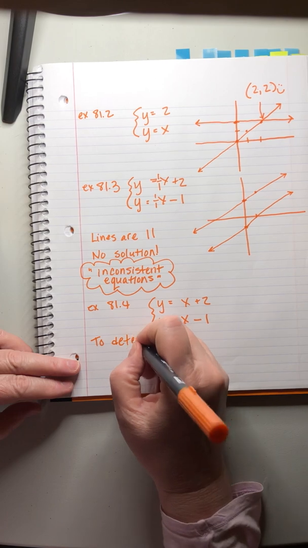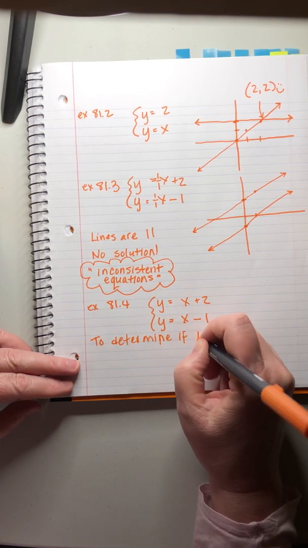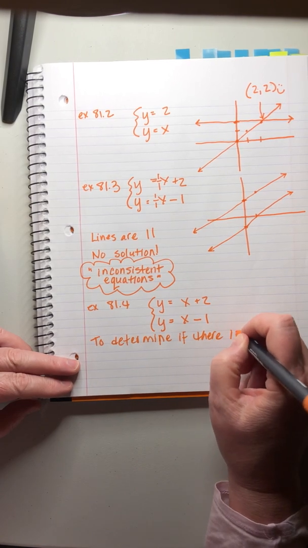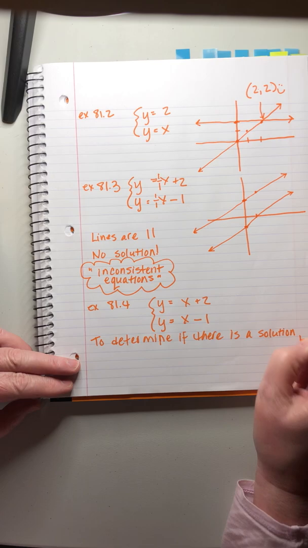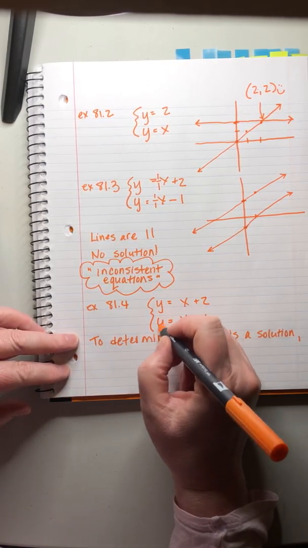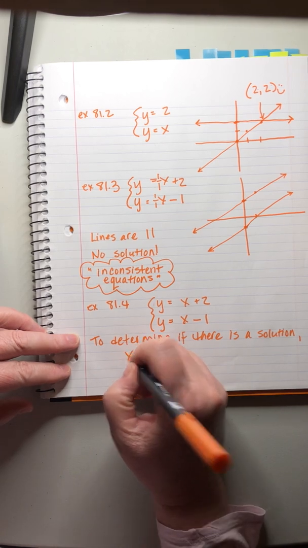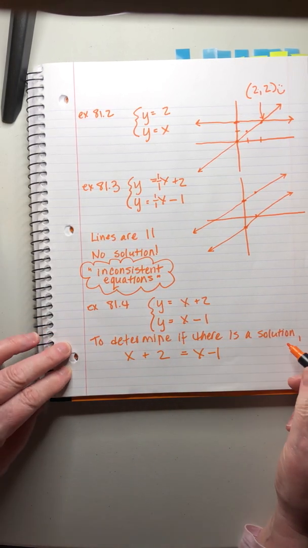To determine if there is a solution, do this. Do you see how these are both equal to y? So we can just say x plus 2 equals x minus 1. This is the test.